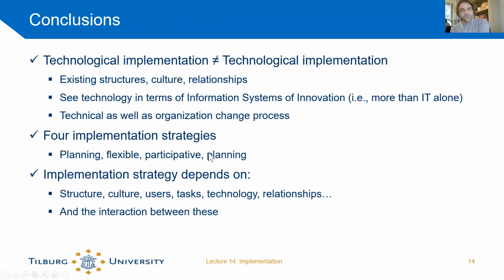So again, implementation of information systems is not a technological matter, but mostly involves the people and the existing structures and culture and relationships in an organization. I think that's the conclusion of this part, but I think also the central conclusion of the course as a whole.